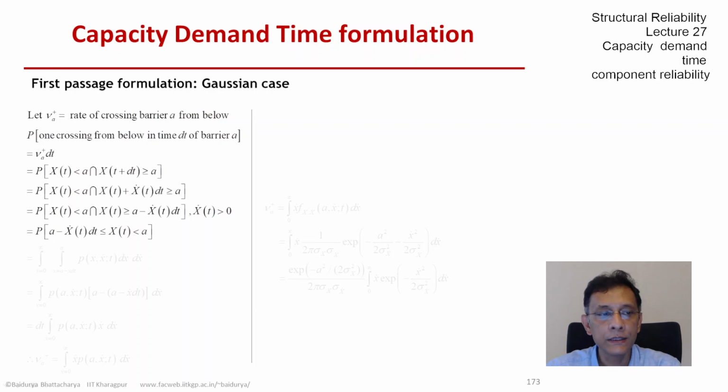So at that particular instant t, we find that this is the joint probability integration of x and x dot over the regions that x dot takes all possible positive values, and x is limited between a minus x dot dt and a.